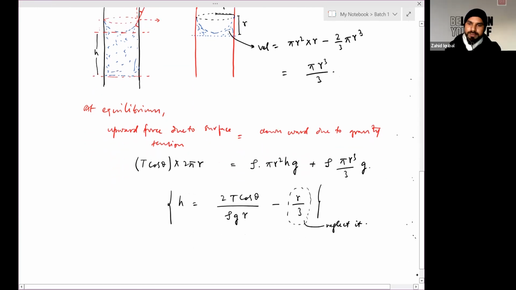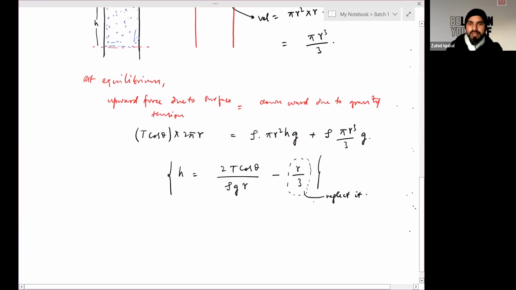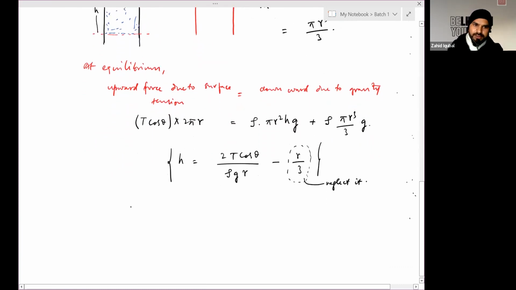Now, related to this expression, if r by 3 is neglected, you're left with h equals 2T cos theta divided by rho g r, where small r is the radius of the capillary tube, theta is the angle of contact, and T is surface tension.